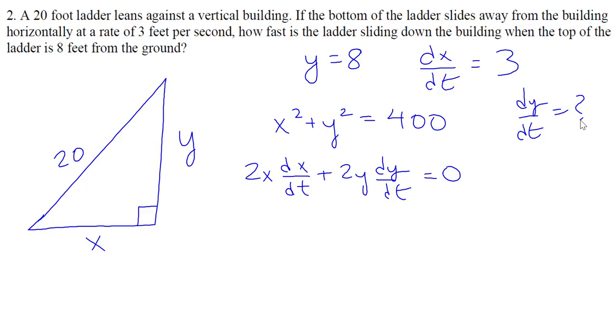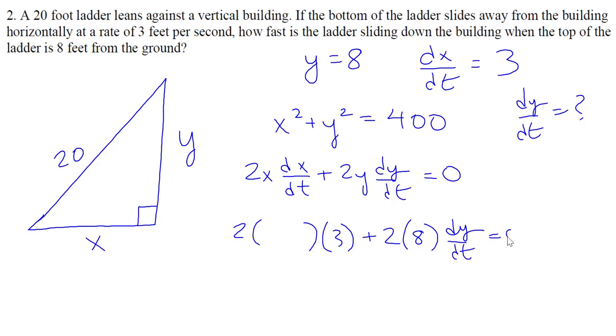We've got our y value, but we don't have an x value. So we'll need to figure out what that x value is. We'll do that in just a second. So we have 2 times whatever x is, times dx/dt, which we do know is 3, plus 2 times our y value, which is 8, times our dy/dt, which is what we're looking for, is equal to 0.